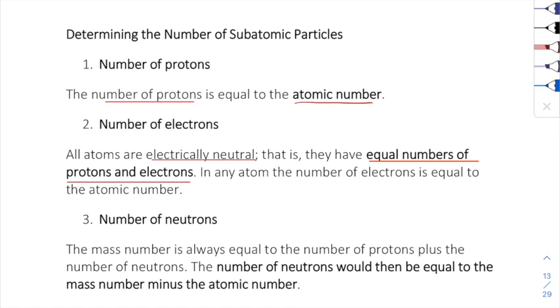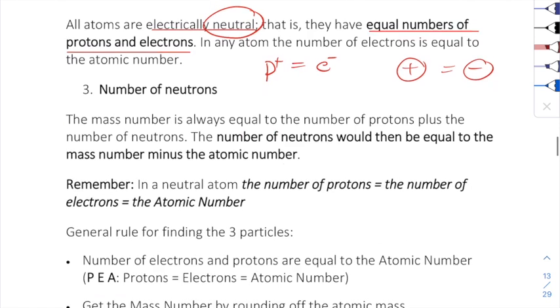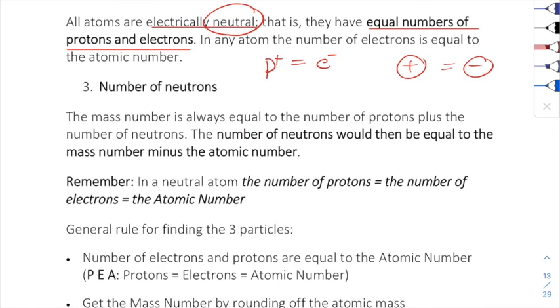And that's simply the fact that we are talking about electrically neutral, reminding ourselves that protons are positively charged, electrons are negatively charged. So if we have some protons and we want it to be neutral, we need to have an equal number of positive and negative charges.